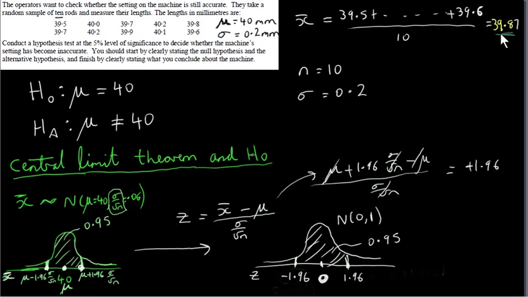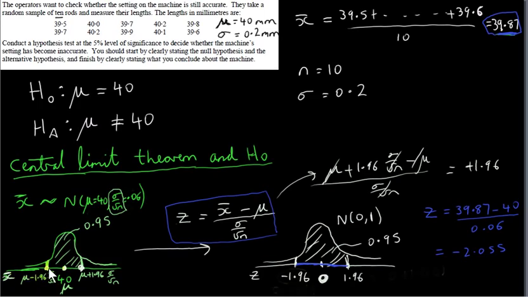Now we're interested in seeing where this particular value of x bar is, 39.87. What we do is we transform it using this here. Under the null hypothesis, there is a 95% chance that our transformed value of x bar lies in here, between minus 1.96 and 1.96.